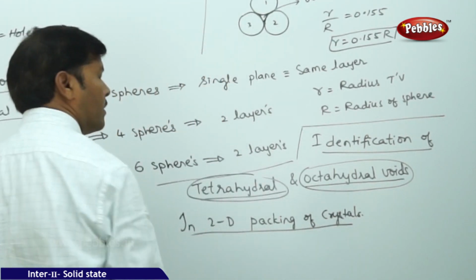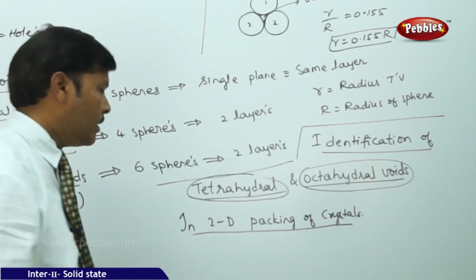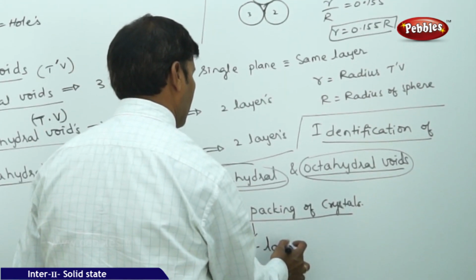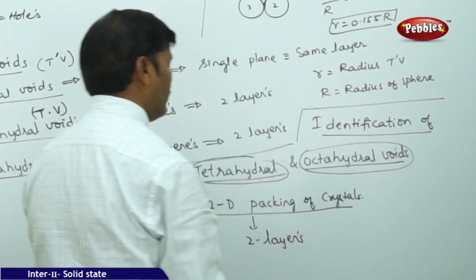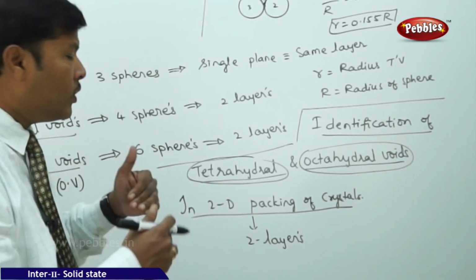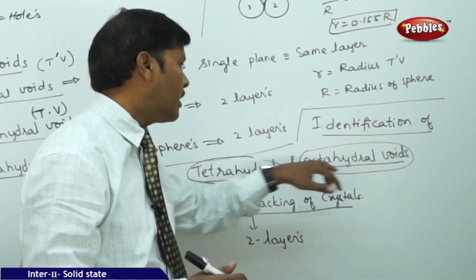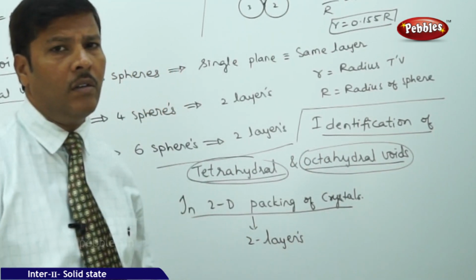You find that we have 2 layers, it involves 2 layers. We have to understand how these two layers operate, such that we can identify both the tetrahedral as well as octahedral voids.